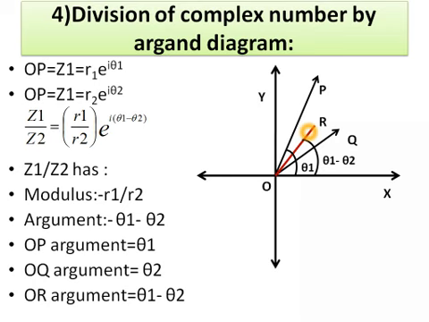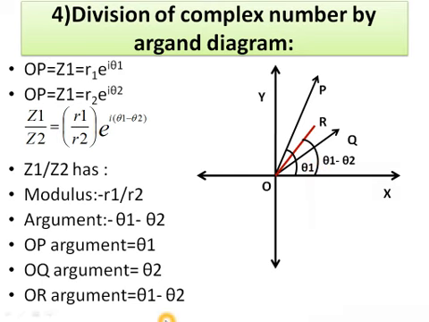That OR, the answer of the division of complex numbers Z1 and Z2, makes an angle of θ1 minus θ2. So in division, arguments get subtracted and moduli R get divided with respect to each other.